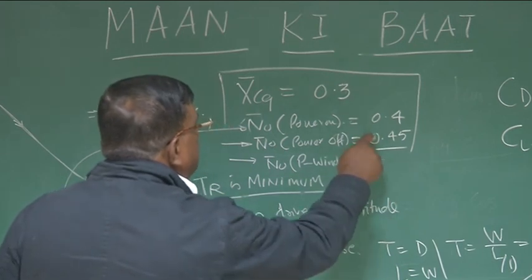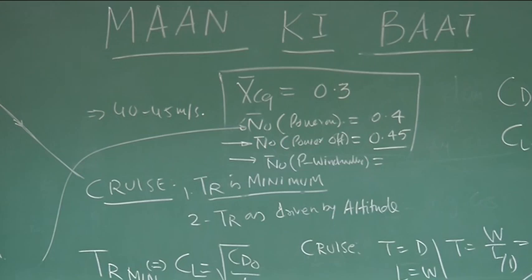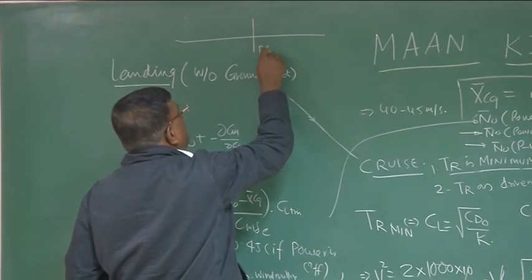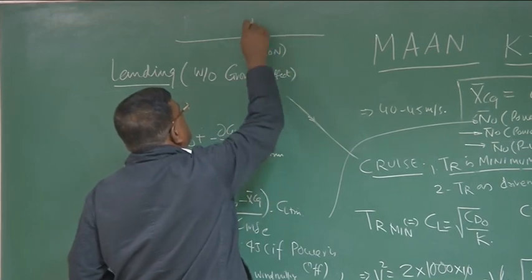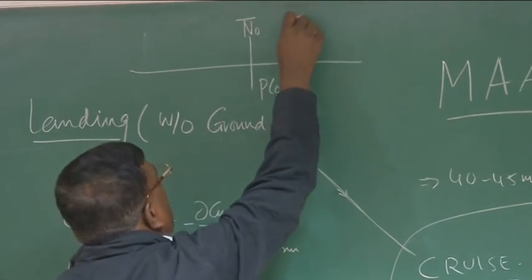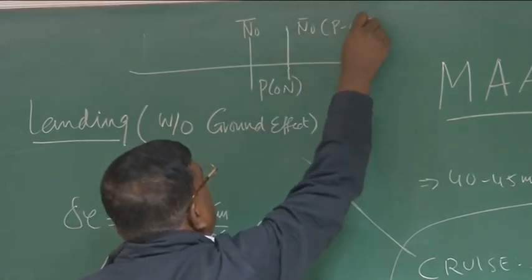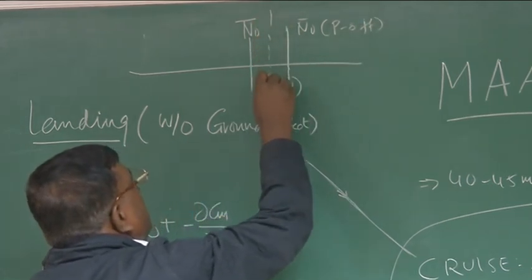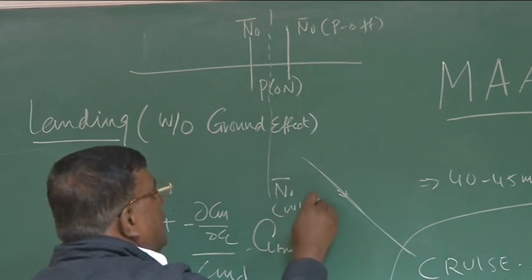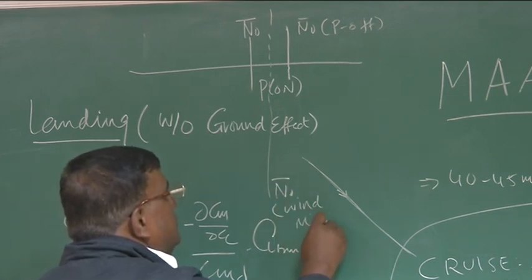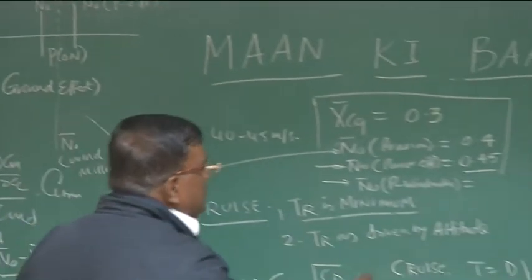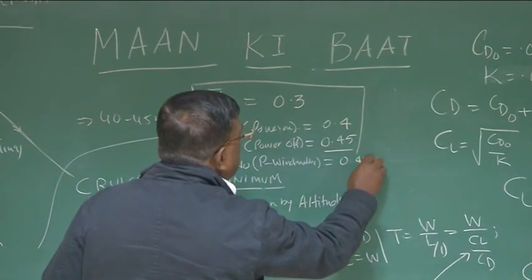Typically that value will be between 0.4 and 0.5. This is N naught bar power on, and this is N naught bar power off, more stable. So propeller windmilling will be between these two, around 0.42.